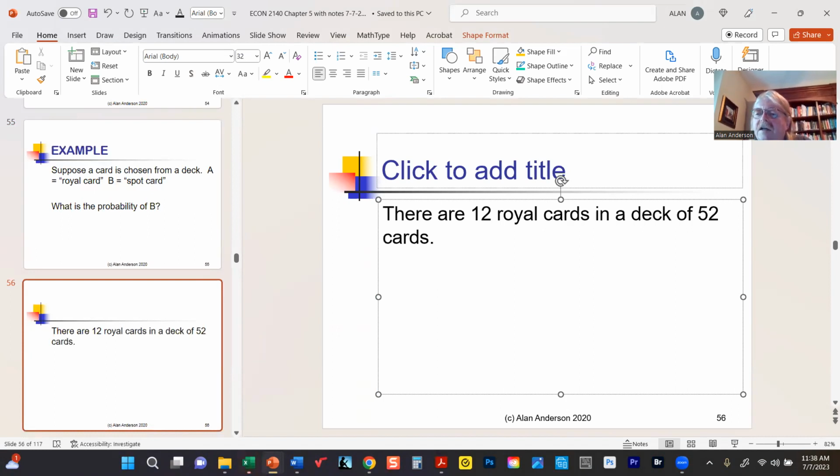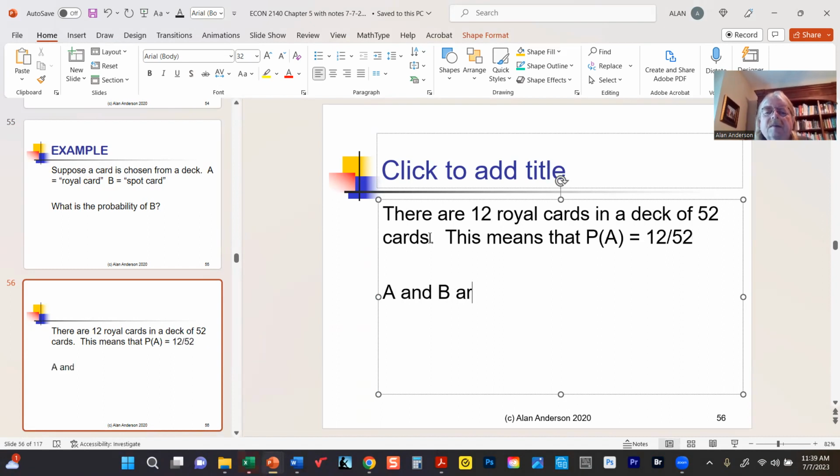It's the king, queen, and jack of each of the 4 suits. This means that the probability of drawing A, and they're all equally likely, must be 12 out of 52.